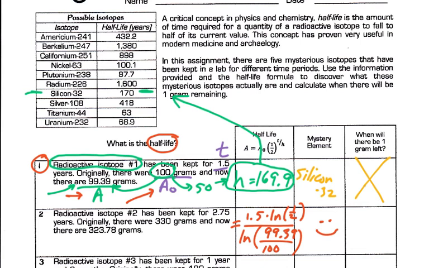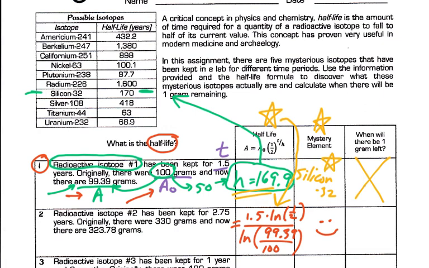I just want you to work on, can you plug in using the half-life formula, and in fact using the brand spanking new formula that solves already for the half-life, calculator, and then can you figure out what the mystery element is? So number 1. For number 1, the answer is 170 years for the half-life. And what's my mystery element? Looking back up to the chart was silicon 32.